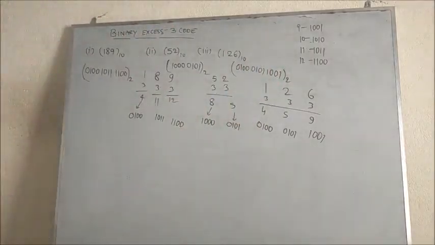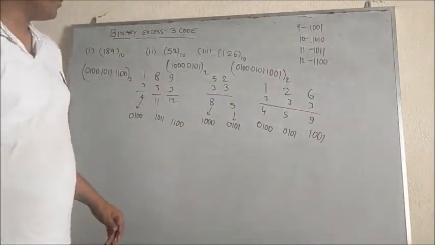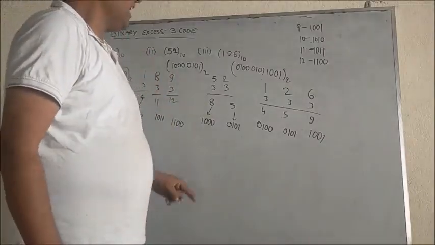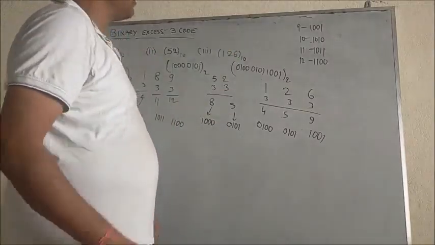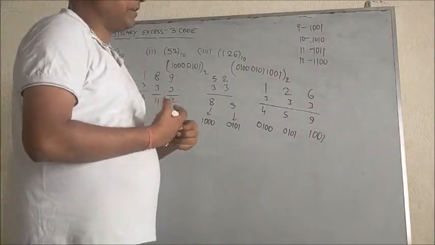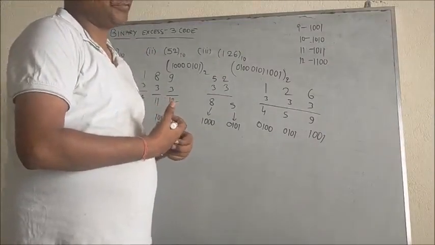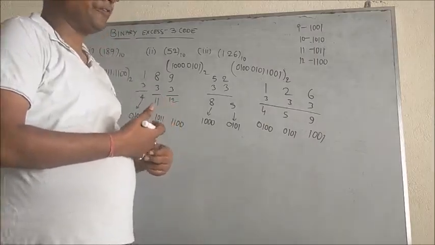Now, before starting to teach you binary excess 3 code, I listed the binary equivalents for 3 numbers, that is 10, 11, 12, and I told you that I am not calculating for 13, 14, 15 and so on. Why is it so?